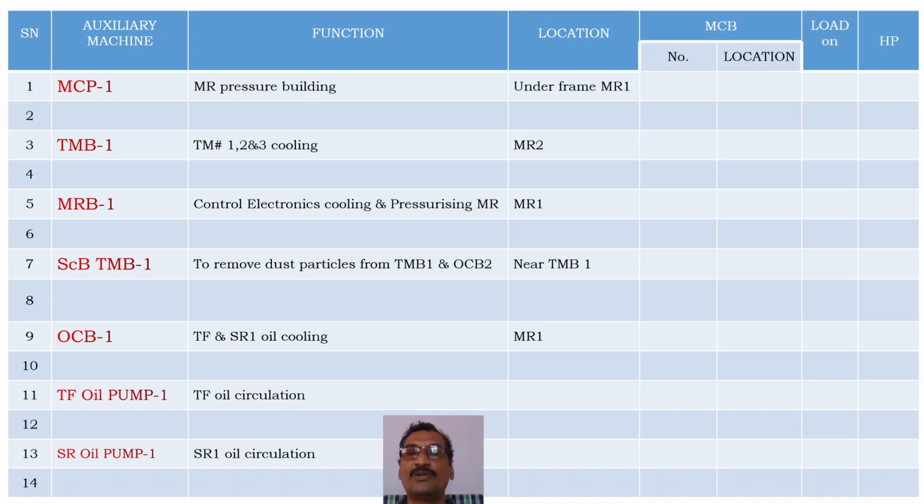OCB1 is located in machine room 1. The transformer oil pump is located in the underframe. The SR oil pump is located near SR1. Here the only thing we have to remember is that TMB1 is located in MR2, machine room 2.